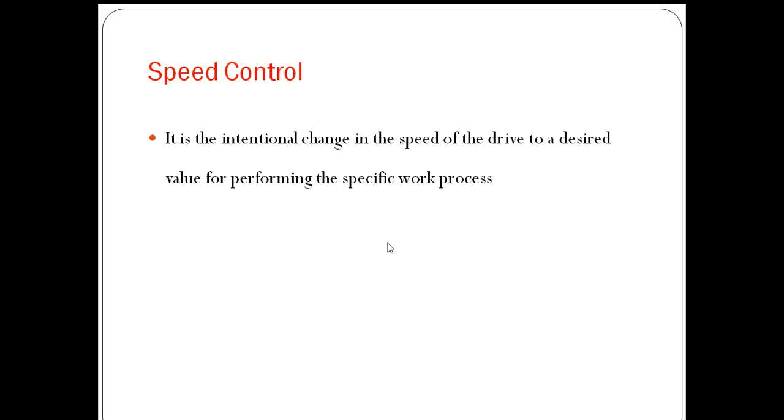This entire system, which we adopt to control the speed of the load at the desired speed, is called a speed control method. It is the intentional change of speed of a drive to the desired value for performing specific work.